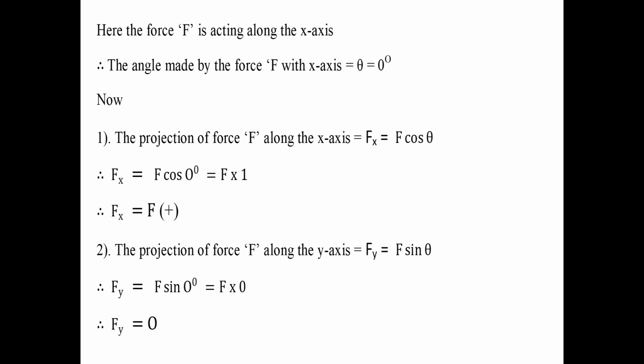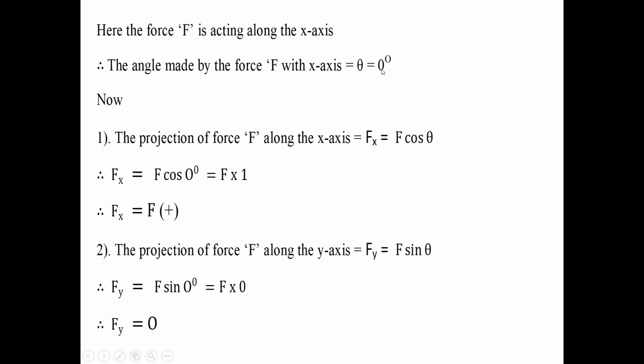Since we measure this angle theta with x-axis, the x-axis projection of force F is Fx equal to F cos theta. In the first 8 conditions we discussed, if this angle theta is measured with x-axis, the projection Fx is equal to F cos theta. But in the 17th condition, what is the angle theta?